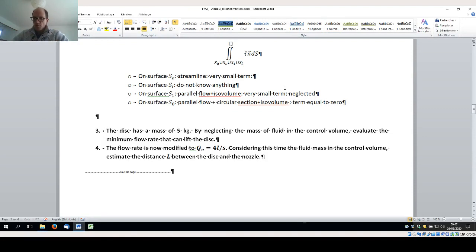So this means that we'll neglect what's happening on surface SE, S1. On S0 it's identical, equal to 0, but really those two terms, since it's sections where you have parallel flow or it's a streamline, so you have very small gradients of velocity, so it's really not a big deal to neglect those terms when it's a streamline, when you have a free surface.